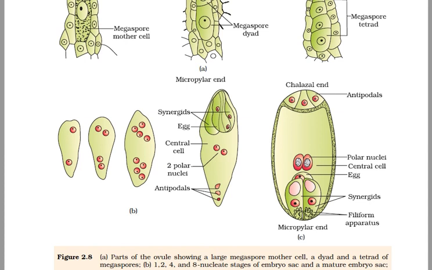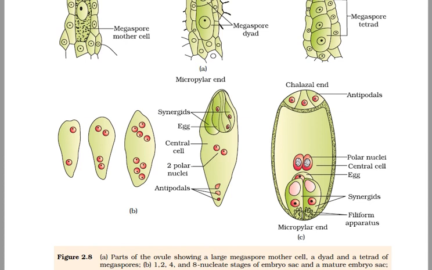All the cells of the embryo sac are haploid. Please hear it carefully. All the cells of the embryo sac are haploid except the polar nuclei, which is diploid. That means synergids, antipodal cells, and the egg are all haploid, and the polar nuclei is diploid.